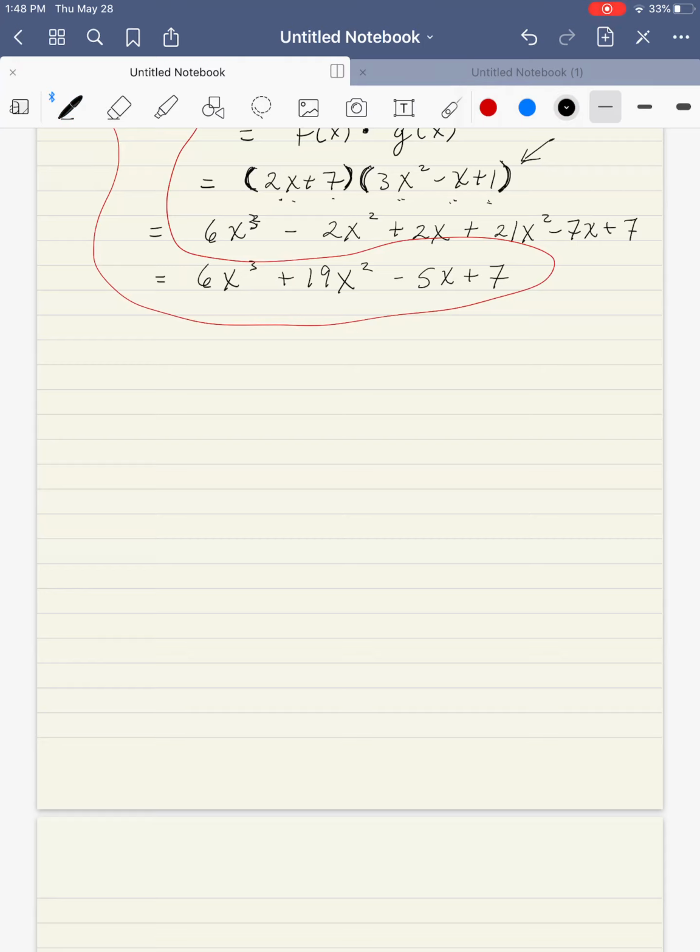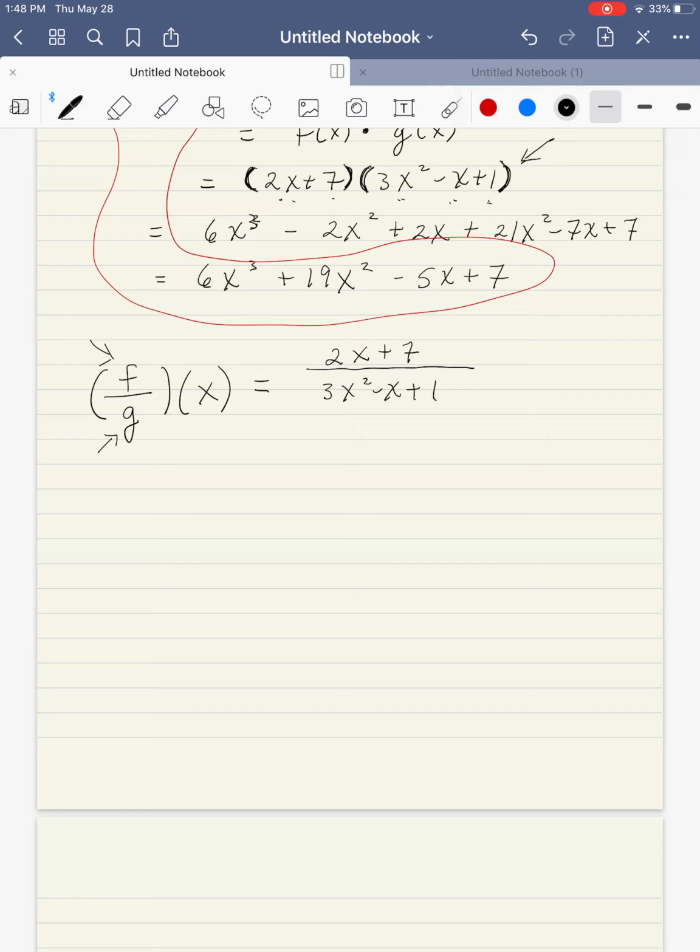And we can use division to find our sixth new function, f divided by g of x. And it's important to notice which function is on the top and which is on the bottom. Order matters here. So we can put our f function in the numerator and our g function in the denominator.